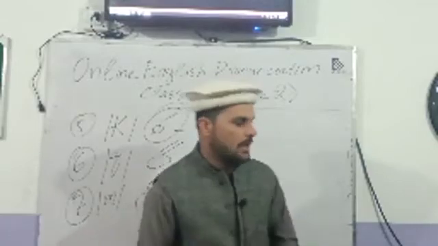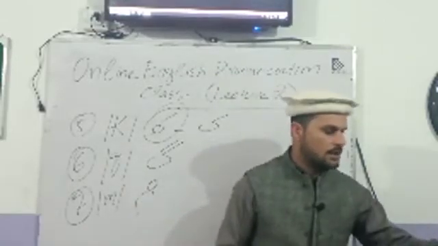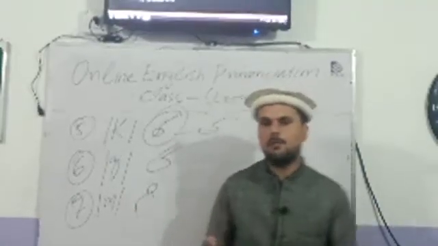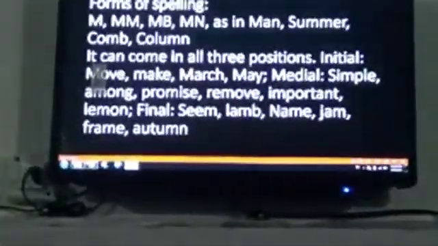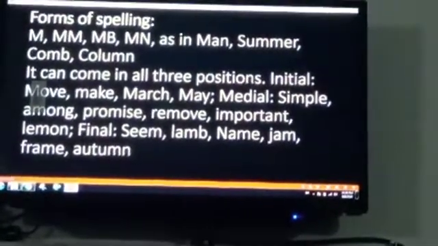Now let's go to the form of spellings. So what are the forms? First, single m, and it is represented by double m as well. MB: when MB comes together, then B is silent here.